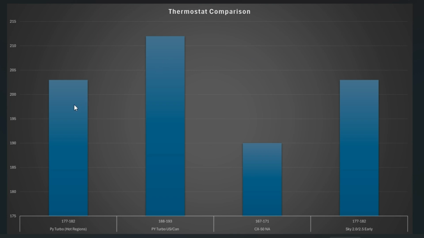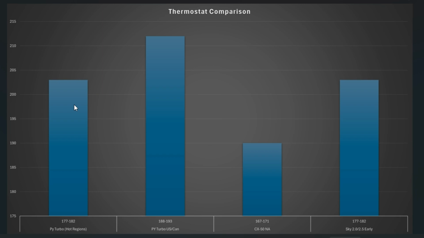Everywhere else in the world that the 2.5 turbo is sold, like Mexico, Saudi Arabia, Europe, a few other markets, like in the CX-9, they run a thermostat in the same range as the original NA cars. So I originally was going to try that thermostat and drop it down a little bit and then rescale my fans.